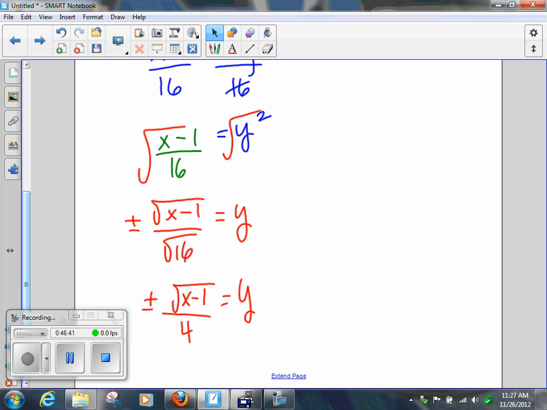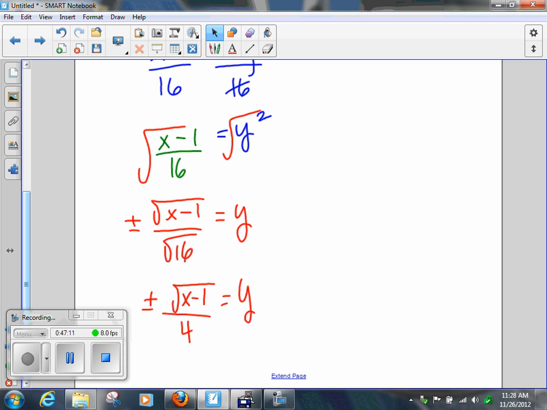Our y value can be positive or negative, but our x value has to be 0 or greater. Why? What is the square root of a negative number? An imaginary number. That's why that stipulation's put on there. And it's on the original function.